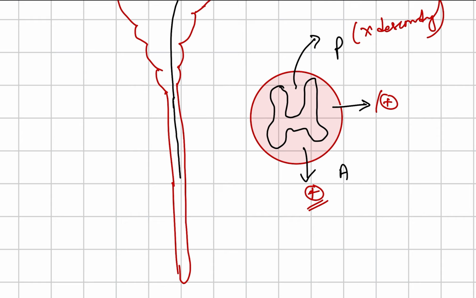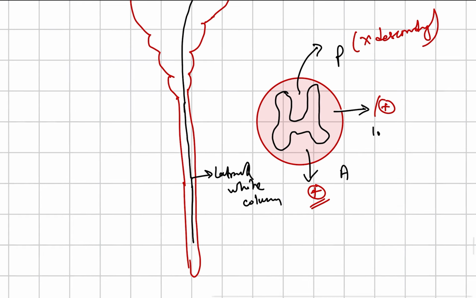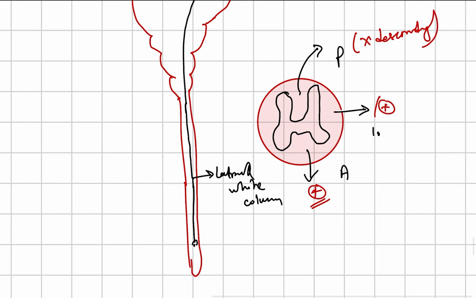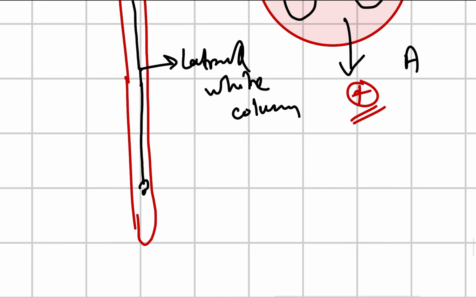So I am discussing the lateral one. It goes laterally, and it is present in the lateral white column, and it terminates in the anterior horn cells.